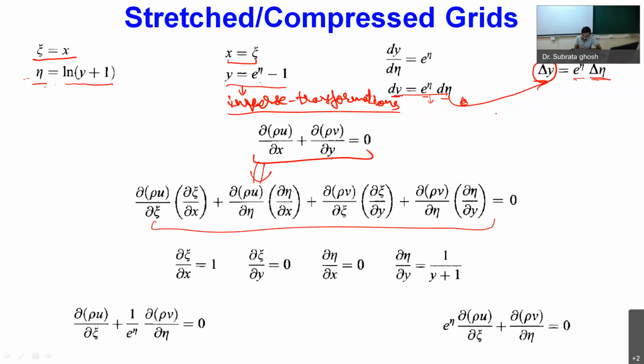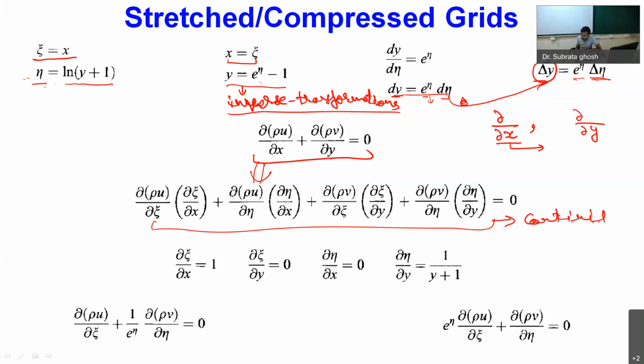Yesterday we saw the replacement of del by del x in terms of del by del zeta and del by del eta. Similarly, we saw the conversion for del by del y also. Considering these conversions, we get this particular equation as our continuity equation in the zeta eta plane.